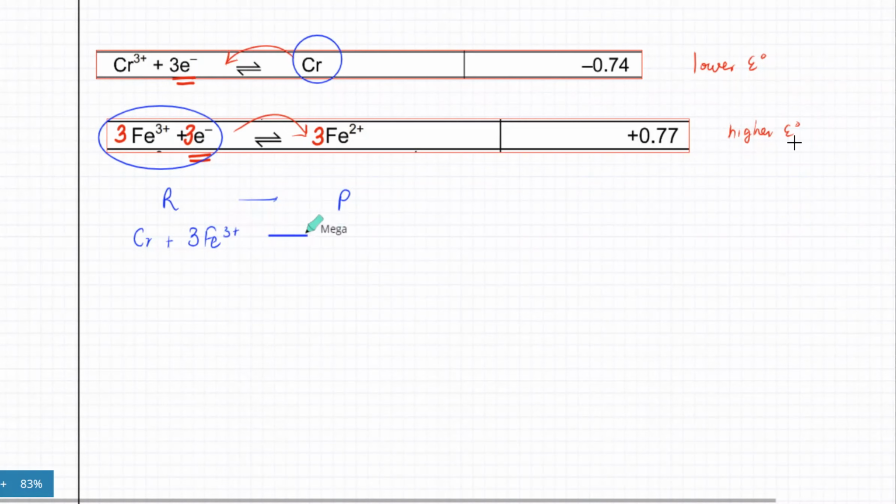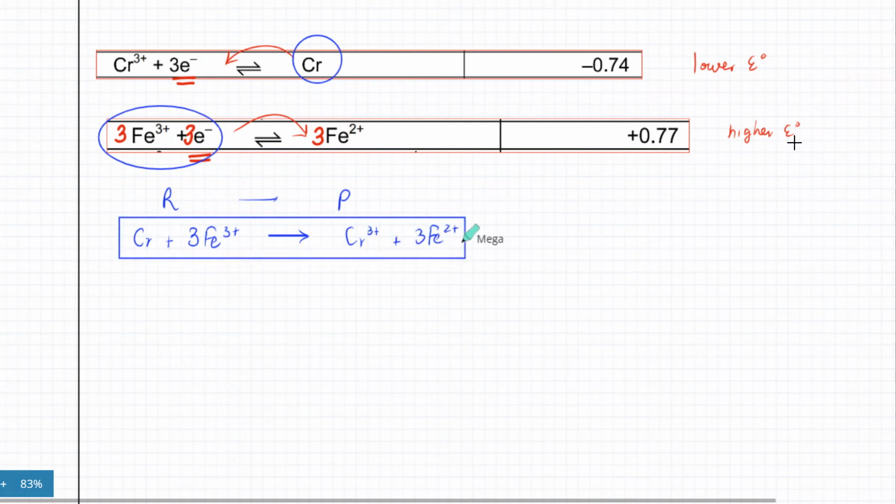The amount of electrons gained and lost are equal. And the products in the first one, the product is Cr3+, and in the second one, the product is 3Fe2+. And we've been able to figure out what the reaction theoretically is supposed to be. It's going to be chromium reacting with Fe3+, and it would produce Cr3+ and Fe2+.